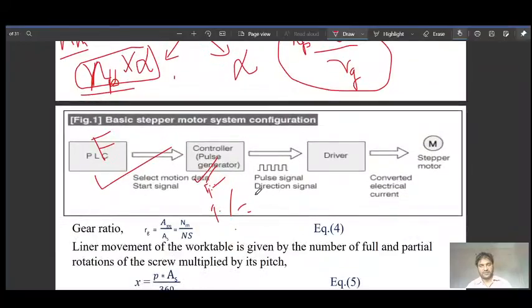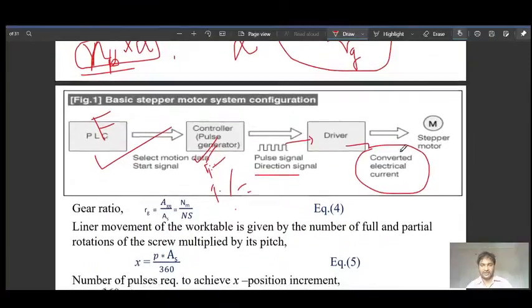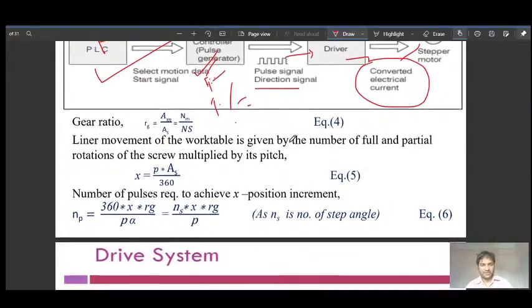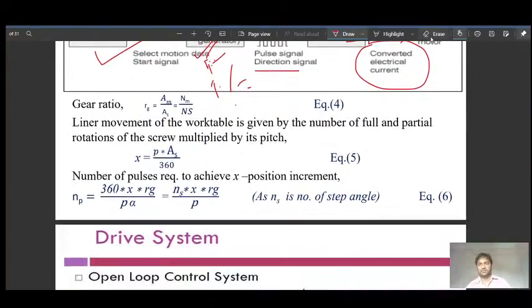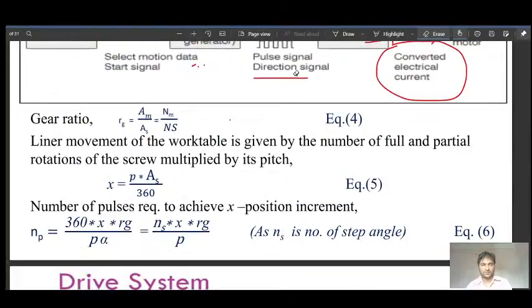After here we have pulses, and then we have again the driver, and that generates the electrical signal or electrical current, and that runs the stepper motor. So again, gear ratio can be given in these two ways.